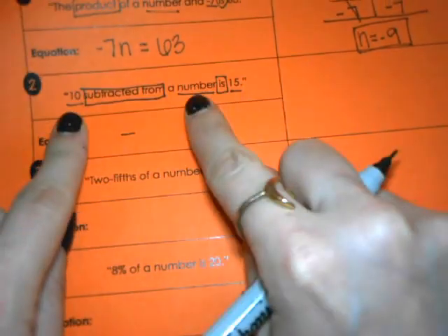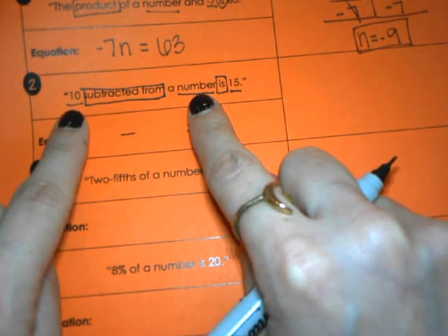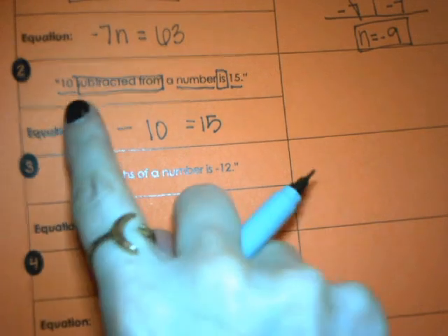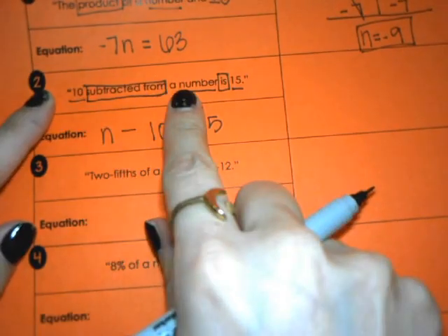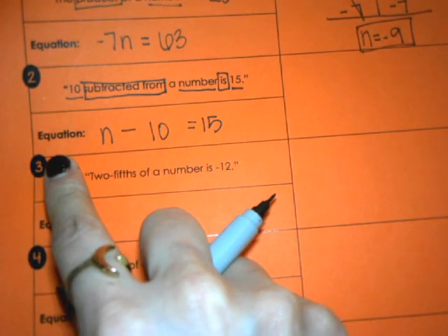Subtraction. The question is, am I saying 10 minus n, or am I saying n minus 10? Why? Good. Remember, from is that phrase where we flip-flop them around. You are taking 10 away from a number, which means the number has to go first because you're going to take 10 away from whatever that number is.